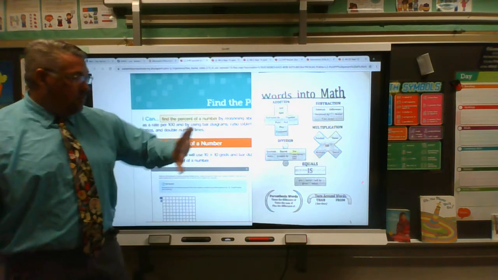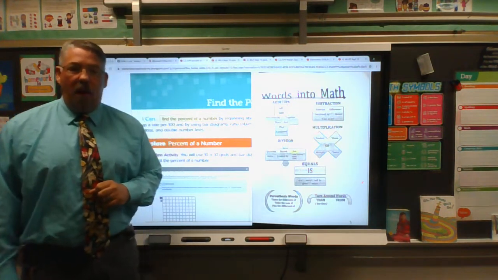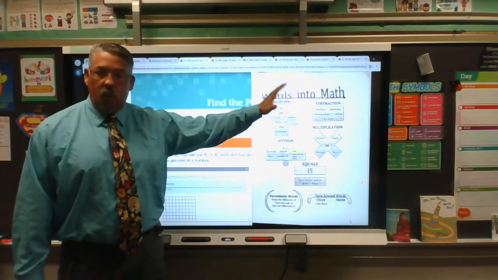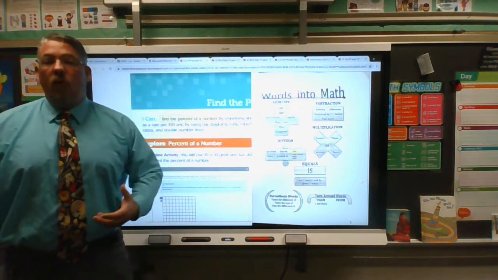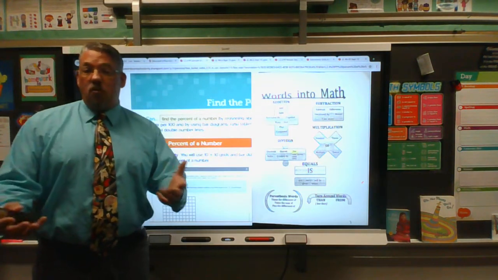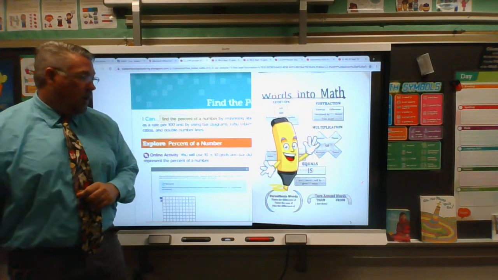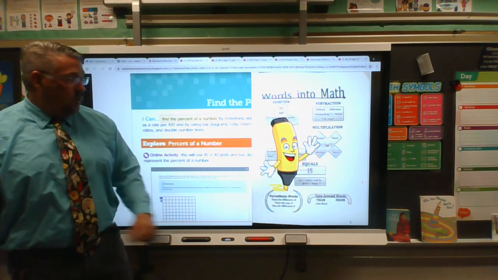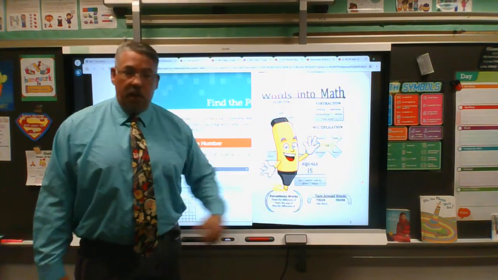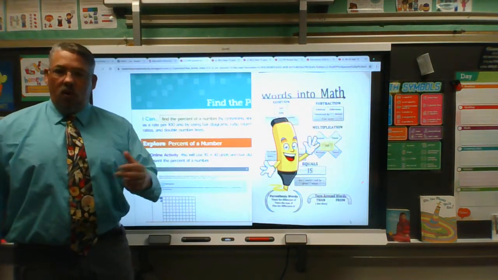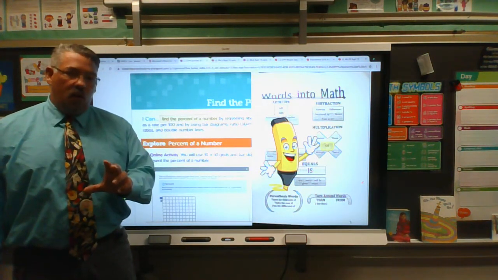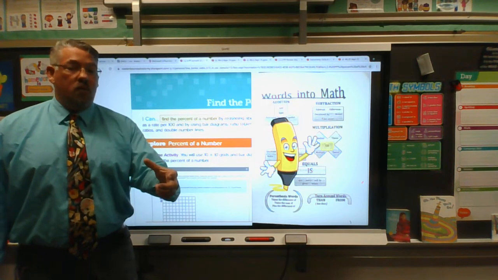Well, let's start with this page of our math packet. These are the words of math that we use and are often going to appear in our story problems or in our actual math problems themselves. And there are two of them that I want you to highlight today. So the first one we're going to look at is the idea of the multiplication sign. And notice that word of. I want you to highlight that word of, and then I want you to add a note out to the side.